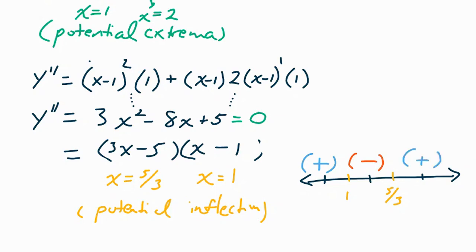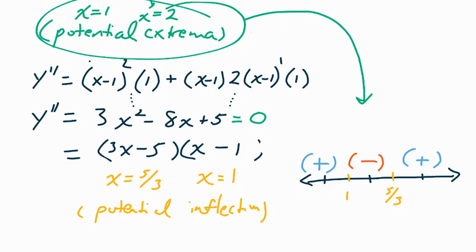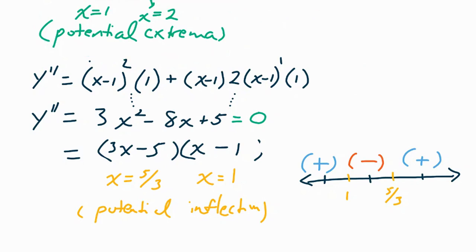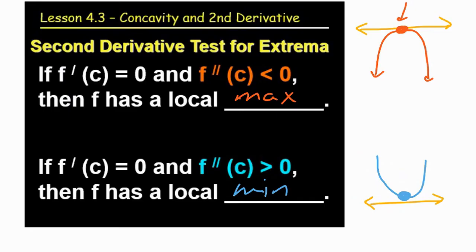Now, I don't know if you're able to picture this graph right now, but I do know that we can take our potential extrema and we can insert them oh so carefully into this number line. And the whole point behind this is if I insert them very carefully, I will be able to determine, based on that previous slide, if they are maximums or minimums.